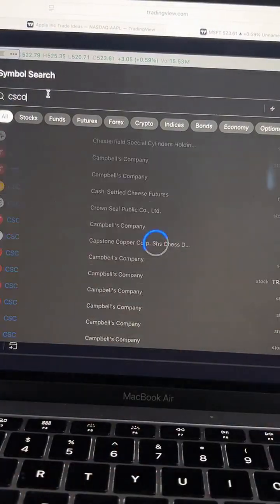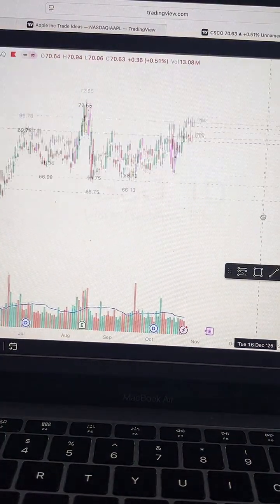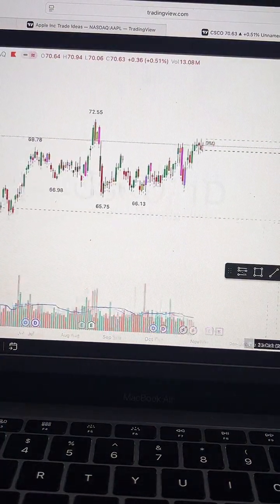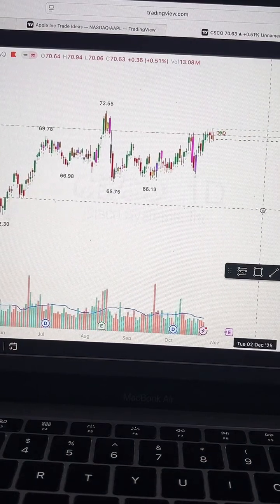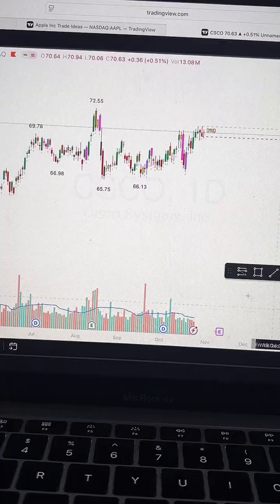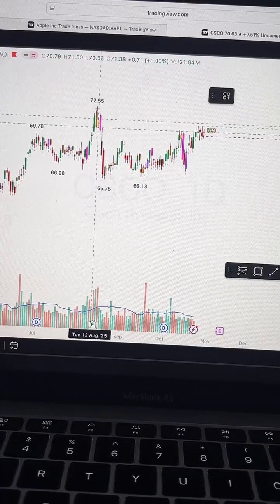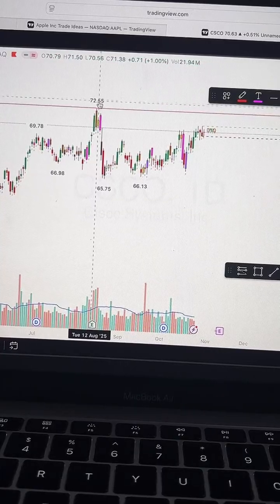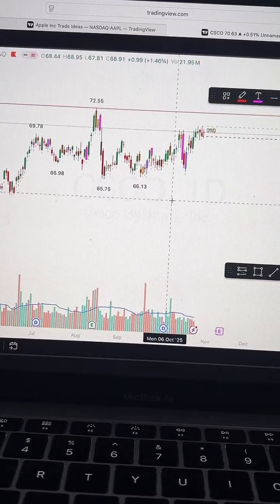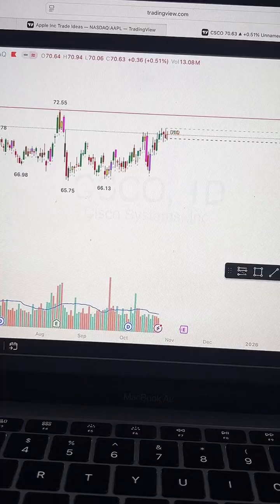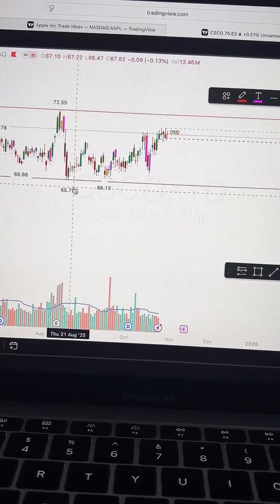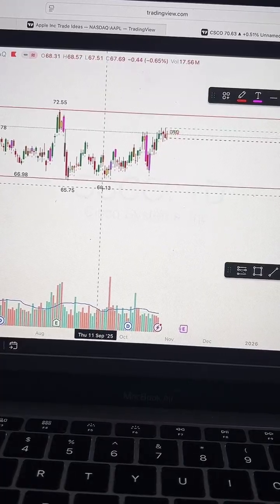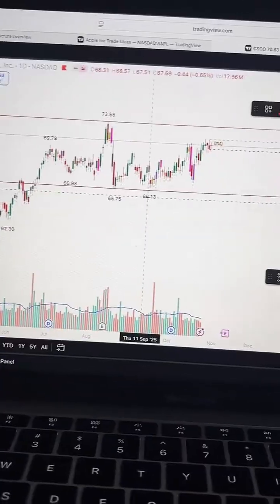I was about to look at Cisco because that was on the lower end of the weight, just to find the structure, just examples of different structures. So right here I have this latest swing high up here, well, previous swing high, I should say. Then we have this 65, 75, and the 66 kind of in the general area.